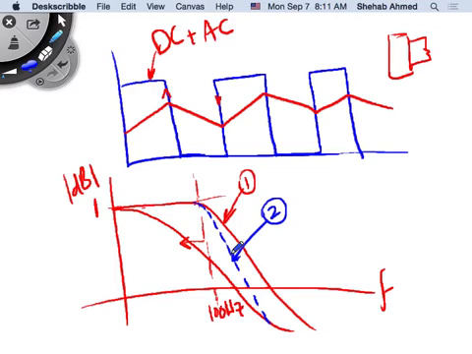If you have a simple LC filter, or a simple RC filter, or a simple RL circuit filter, versus a third or fourth order filter, what happens? You can get a much quicker roll-off. So this is definitely a higher order filter.